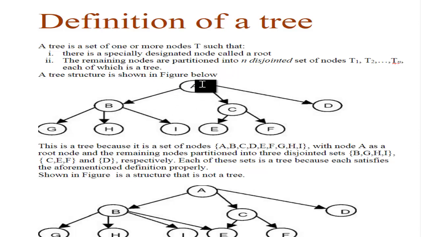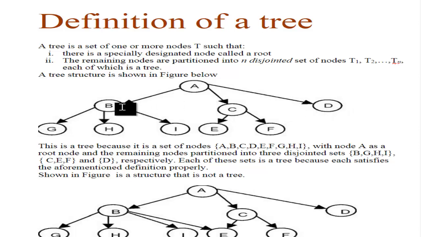It's a root. The remaining nodes are partitioned into n disjoint sets. The important thing is, if we have other nodes, they're going to have their own sets. If for example I cut this arrow here and here and here, they become separate trees with B as a root, C as a root, and D as a root.